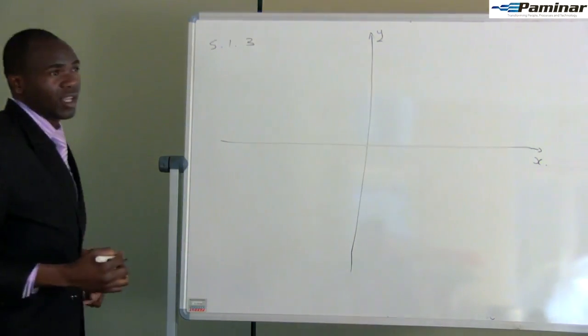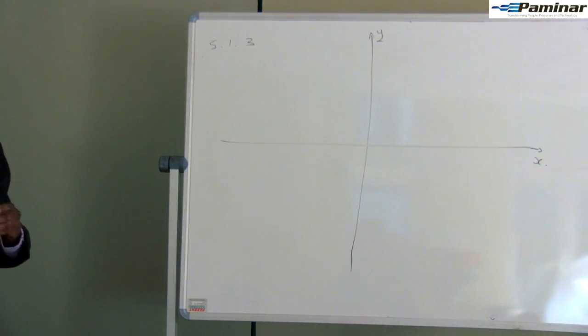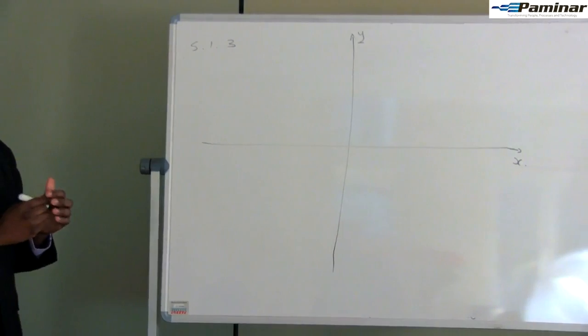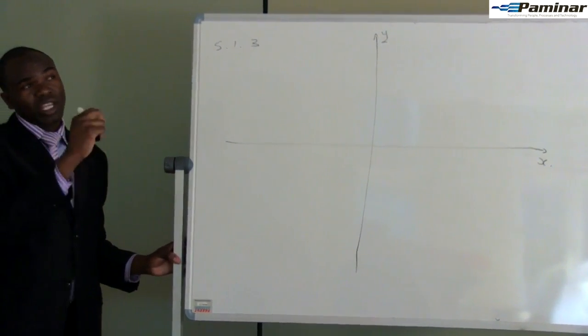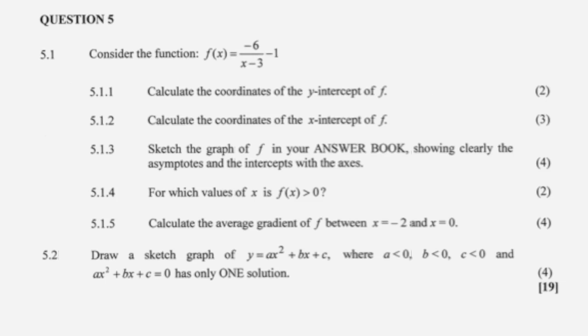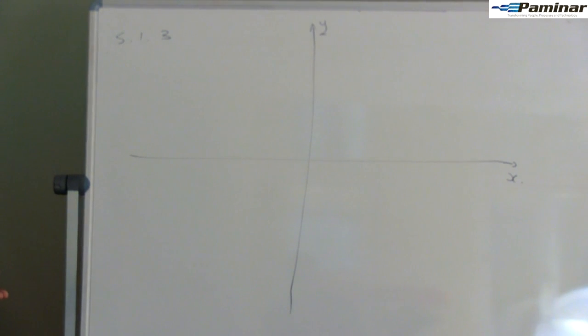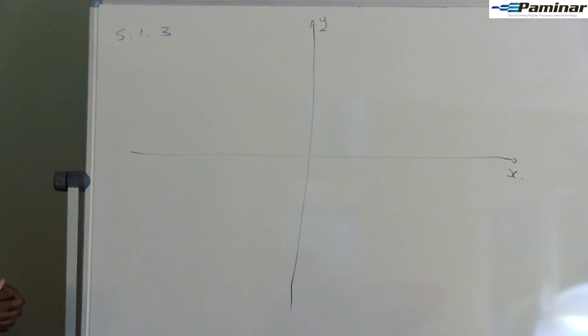First of all, let's do the asymptotes. For f of x equal to minus 6 over x minus 3, minus 1, we are first going to look for the x asymptote.